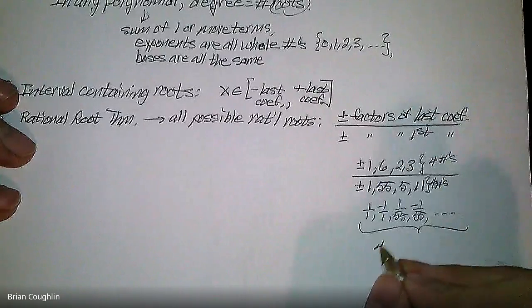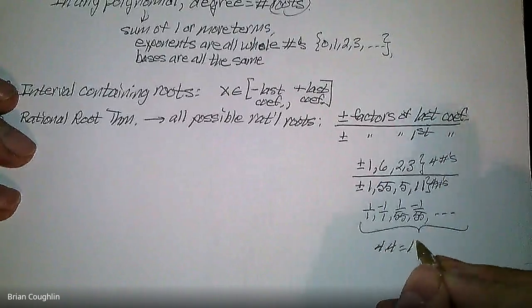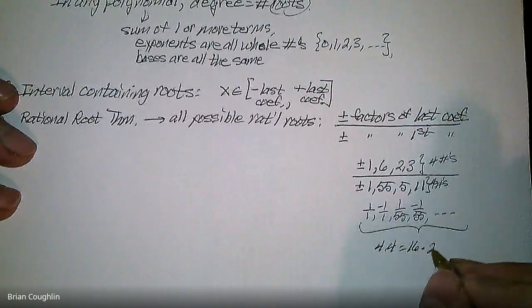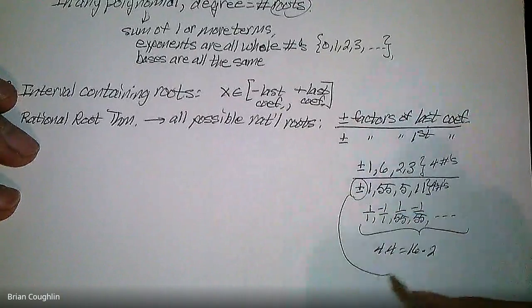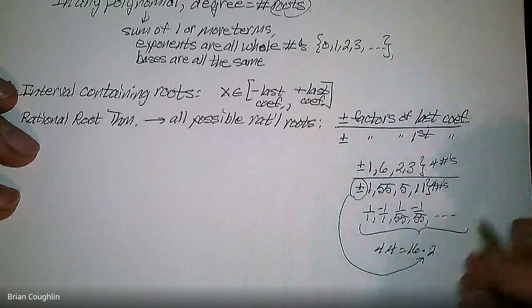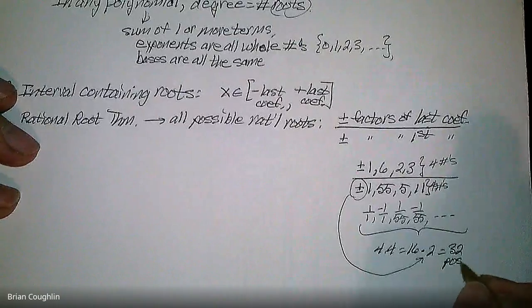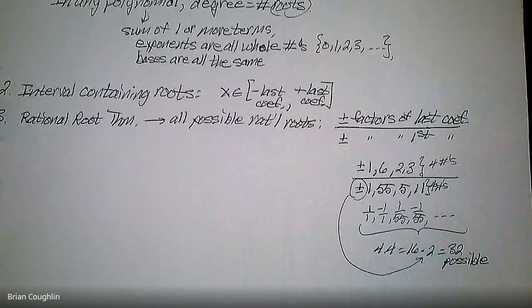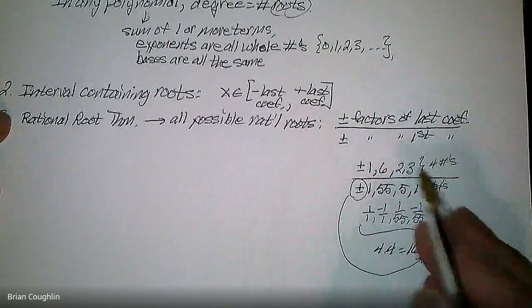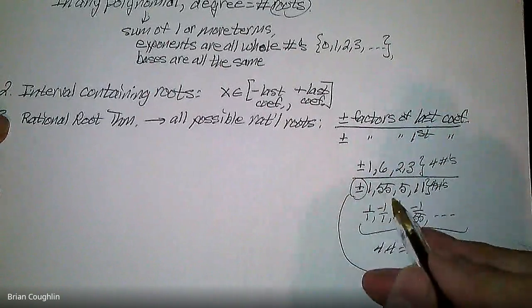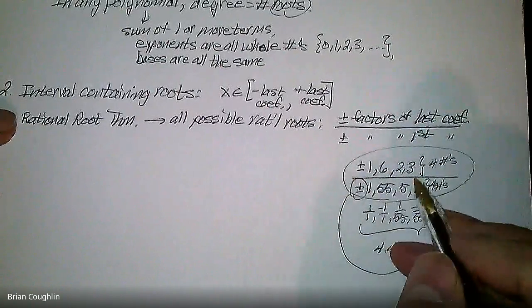It's going to be 4 times 4, which is 16, but then times 2, because it's going to be twice as many because you're including the negatives as well. So the 32 possible fractions.